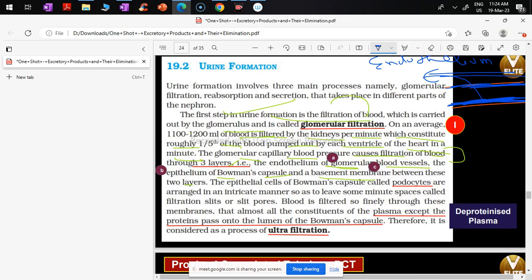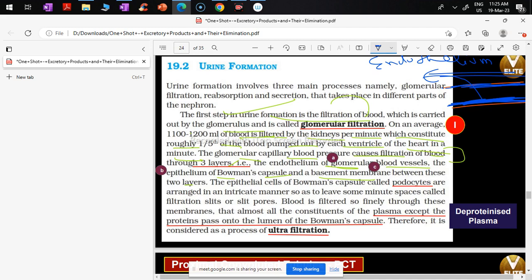So blood is filtered so finely through these membranes that almost all the constituents of plasma except the proteins pass on to the lumen of the Bowman's capsule.